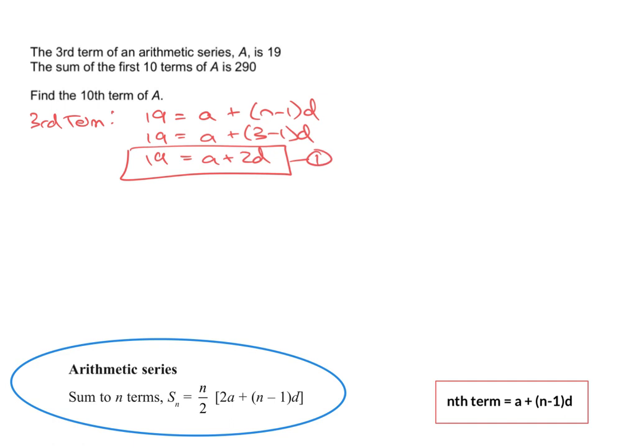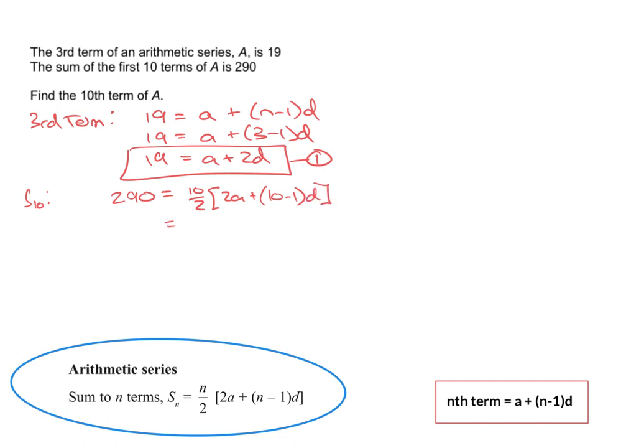Now let's do the sum for the first 10. So I know that the sum of 10 is 290. So I've got 290 is equal to n over 2, so that's 10 over 2, multiplied by 2a plus (n minus 1), so 10 minus 1, multiplied by d.